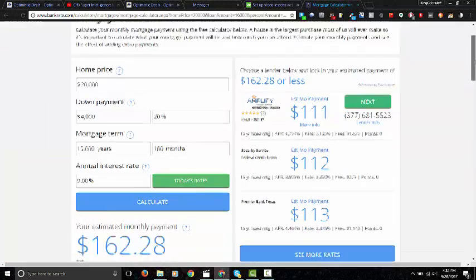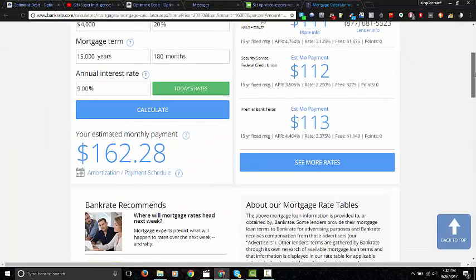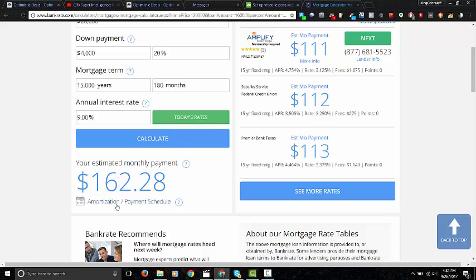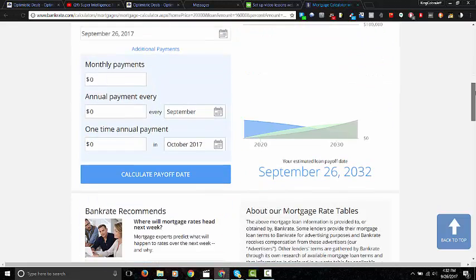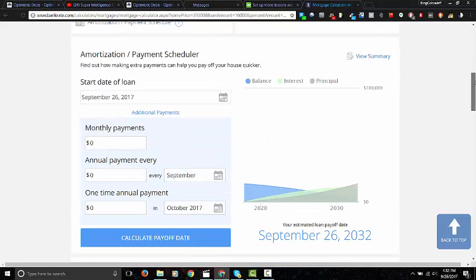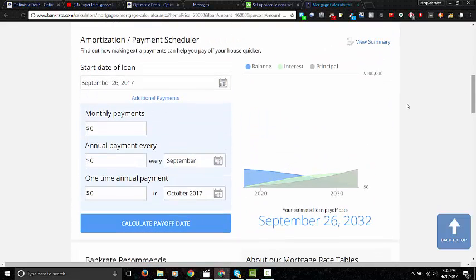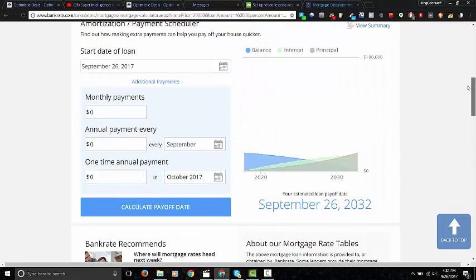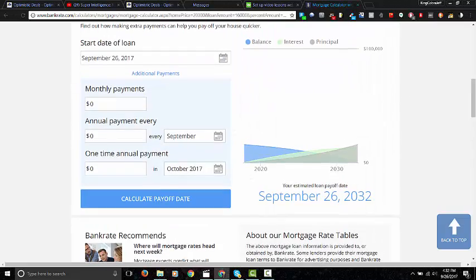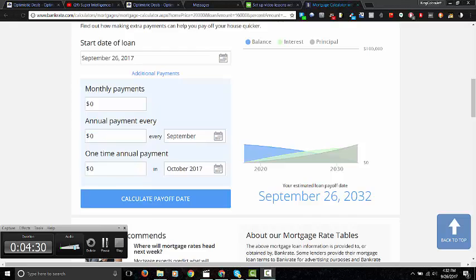Now, another great thing about this is that if you click on the amortization payment schedule, you will see how they break it down for you. Okay, sorry about that.